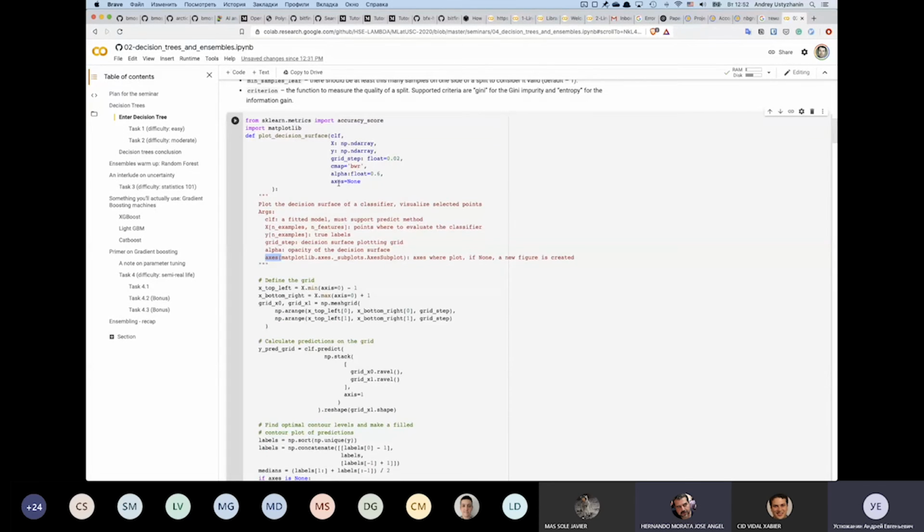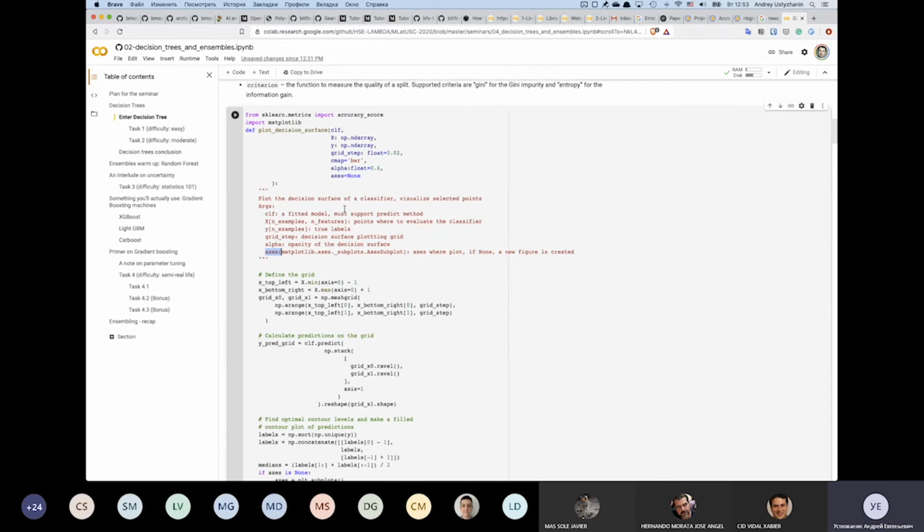So essentially, you need to train a classifier on the same sample. We always use the same sample. The only difference is the depth of the tree. And then we pass the trained classifier to this plot decision surface function. And this is it.